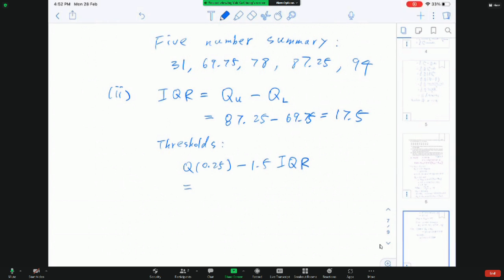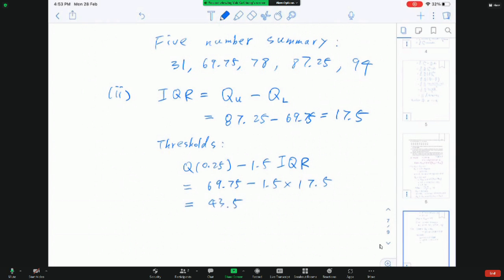The lower threshold is equal to the lower quartile, the 0.25 quantile, minus 1.5 multiplied by the interquartile range. So in this question, it is equal to 69.75 minus 1.5 multiplied by 17.5, which is equal to 43.5.